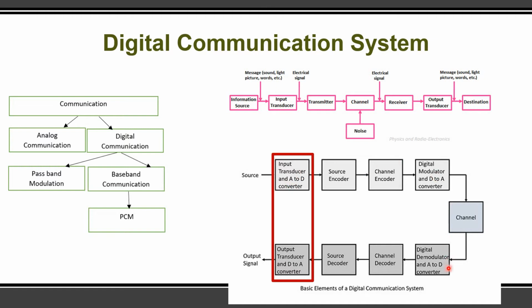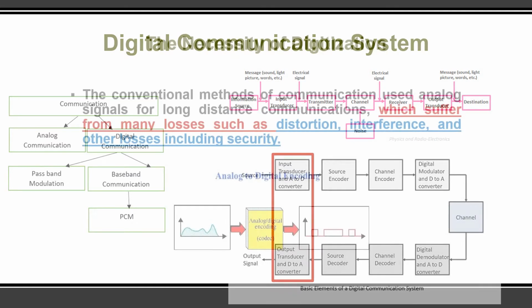Similarly, we receive the binary signal, and finally it is converted into an analog signal by using the output transducer. This is the main difference between an analog communication system and a digital communication system. Here we are going to focus mainly on analog to digital conversion and digital to analog conversion, and how we perform the analog to digital conversion process in these blocks.